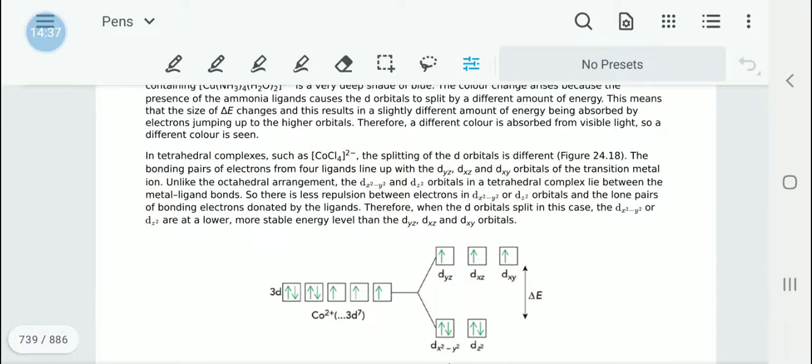In tetrahedral complexes, the repulsions between the electrons are lesser because lone pairs are arranged in a different way.